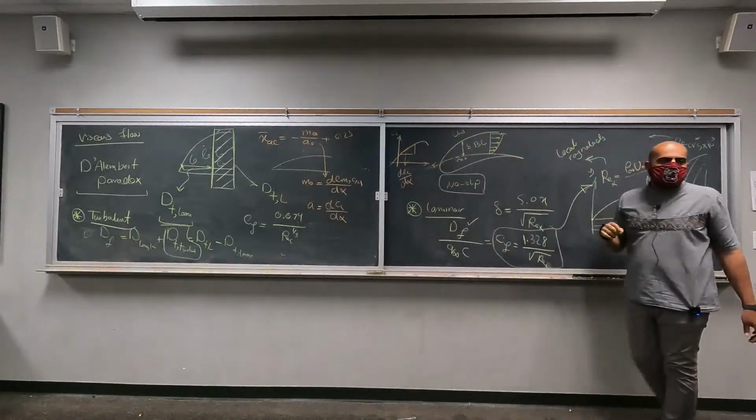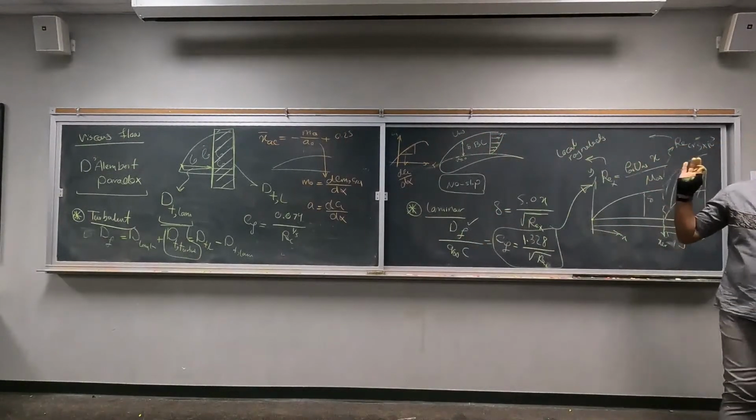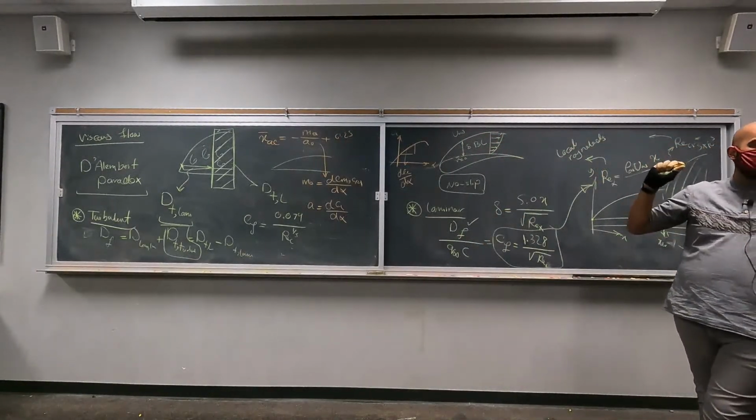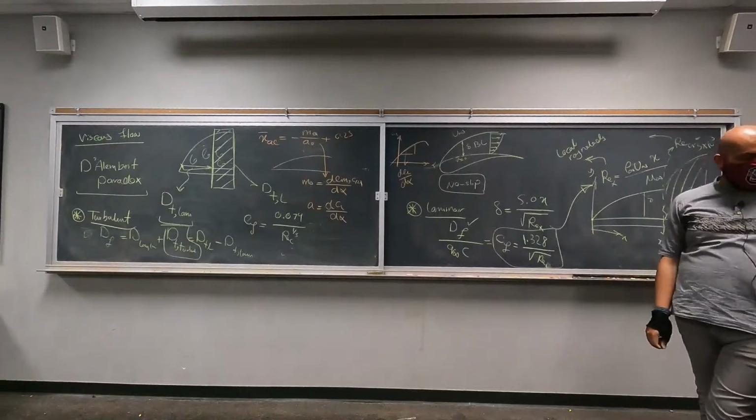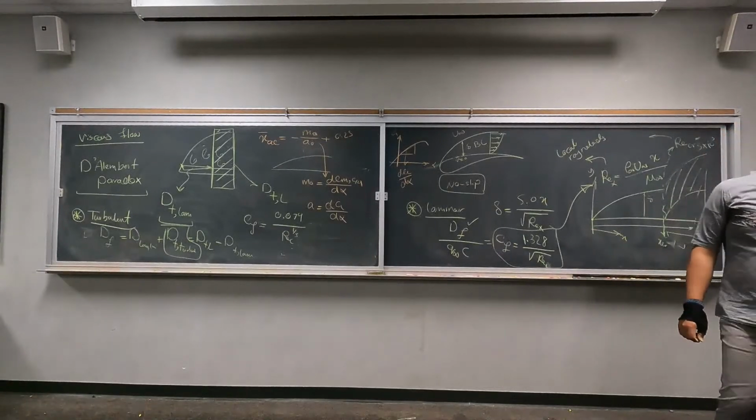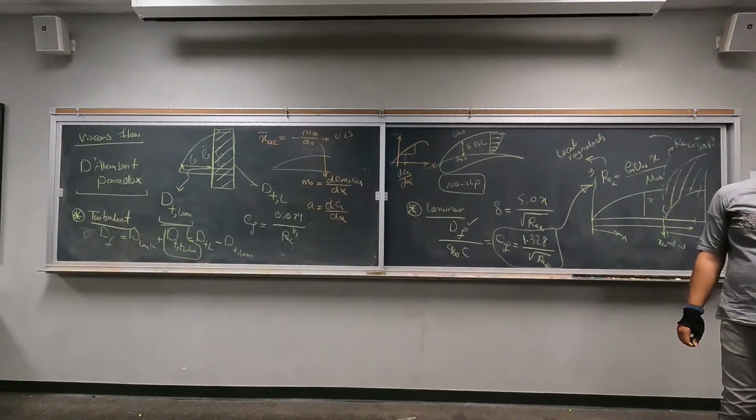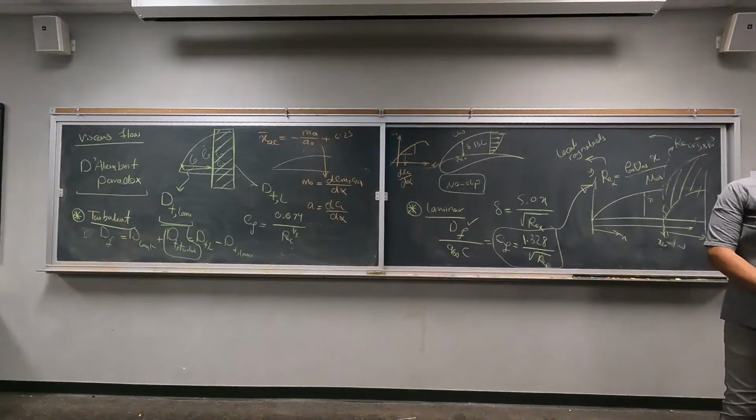What is dCl d alpha for a thin airfoil? 2 pi. That's it. This is something we have calculated. Let's see if we have enough time. I don't know if we have enough time for this example, though.